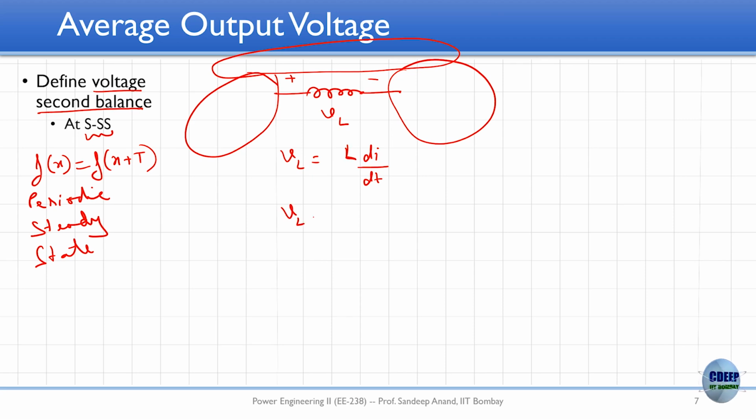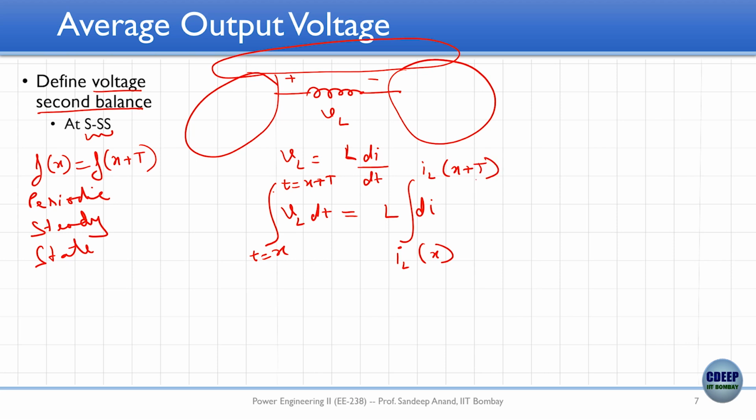You can take VL dt equal to L times di, and you can integrate on both sides, going from t equal to x to t equal to x plus capital T, and current would go from IL at x to IL at x plus T. So I am basically integrating this equation over one period over which this has a periodic steady state.